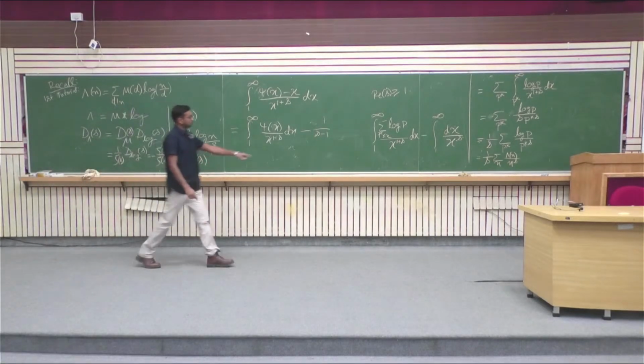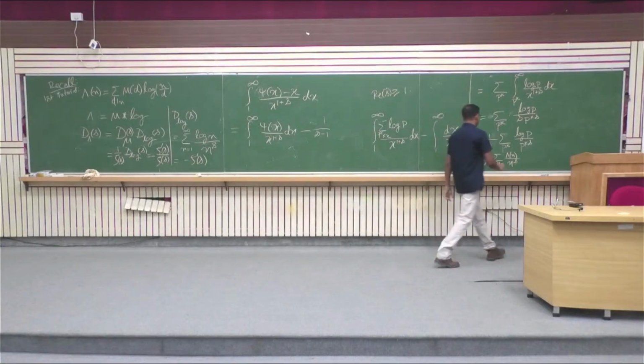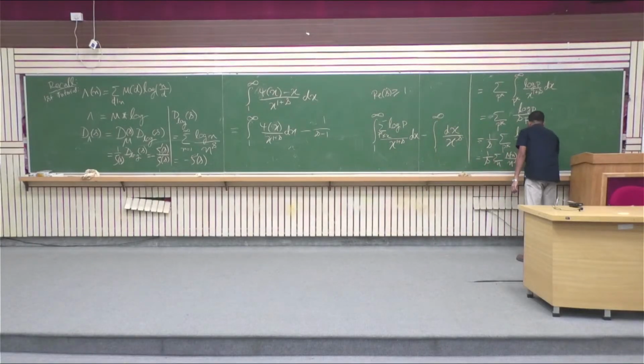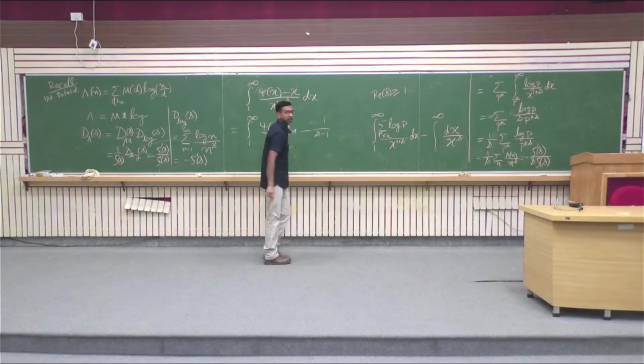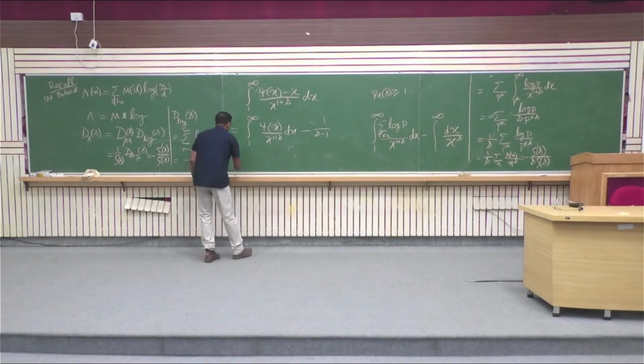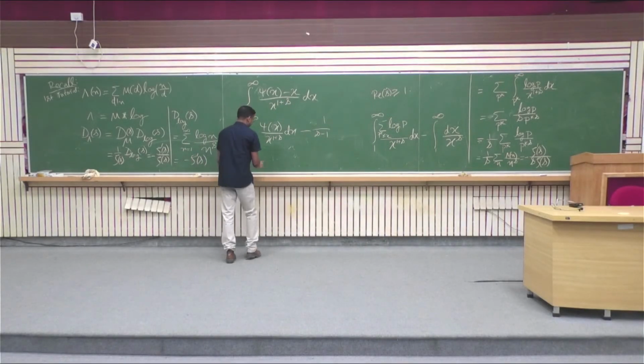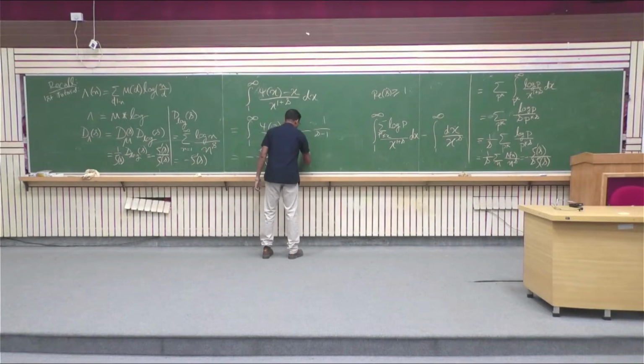So here, this one then just becomes equal to −ζ'(s)/(s ζ(s)), right? That is the first integral here. So this is −ζ'(s)/(s ζ(s)), and here is a minus 1/(s−1).